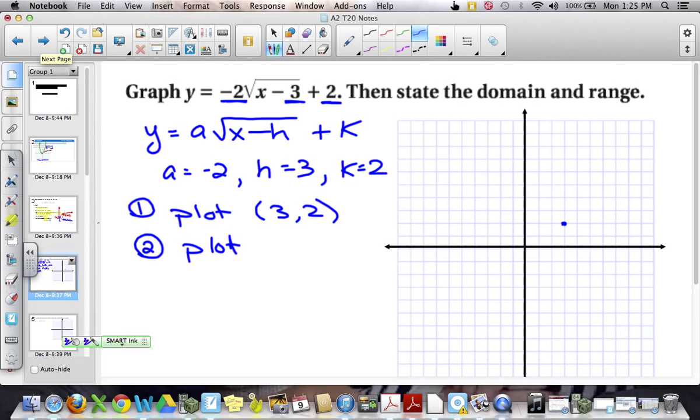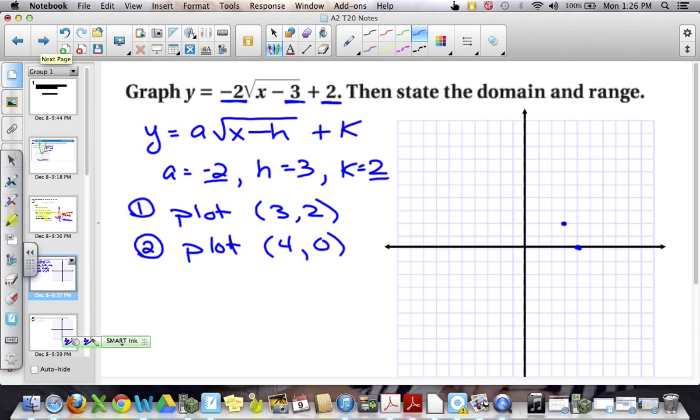If we add 1 to 3, we'd be at 4. And then k plus a. So k is 2, a is -2, so 2 plus -2 is 0. So 4, 0 is right here. So what we can see then is this is going to open down.